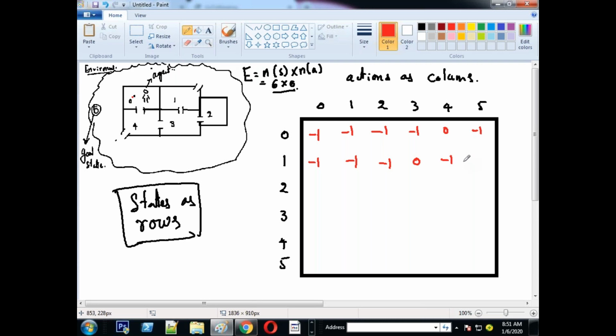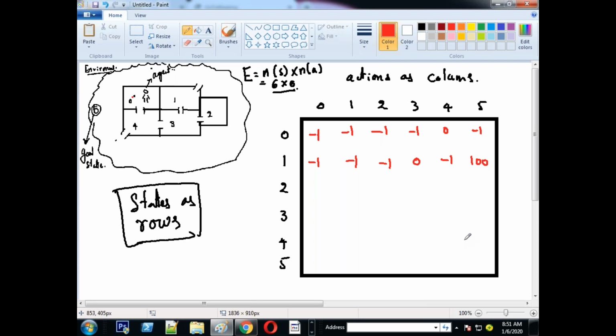It's a good action, and I achieved my goal state, so I'm giving a big reward there. Your wish, you can choose your reward level, 100 or 1000. Understood my point? Come on.